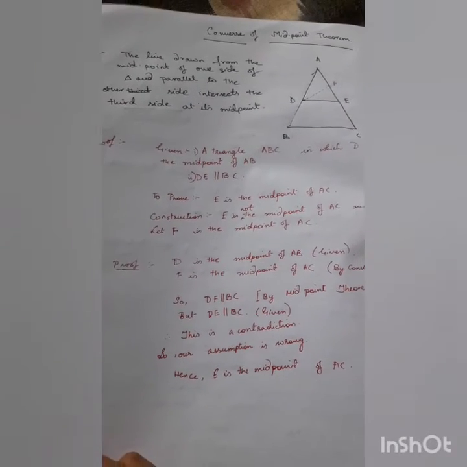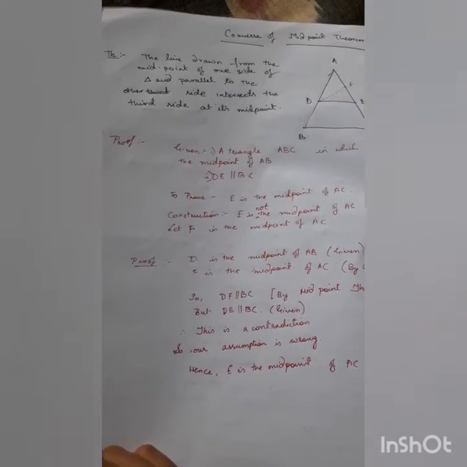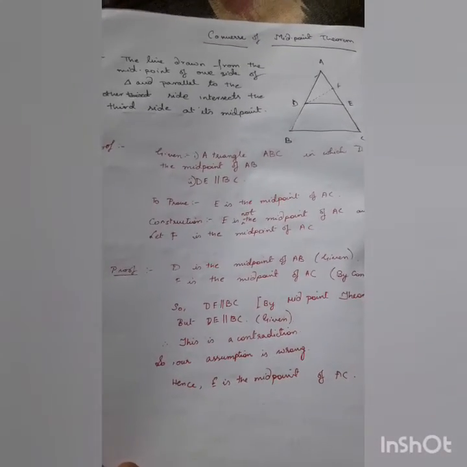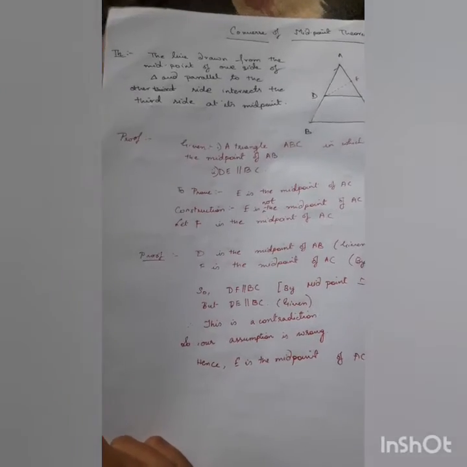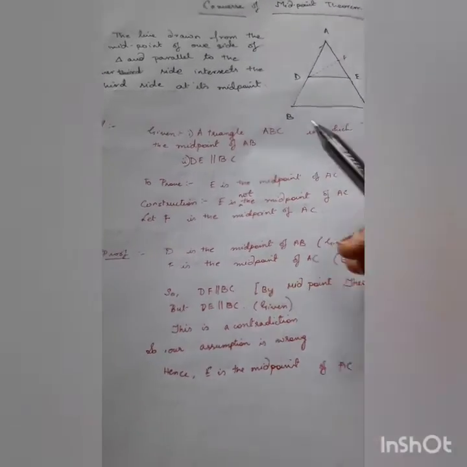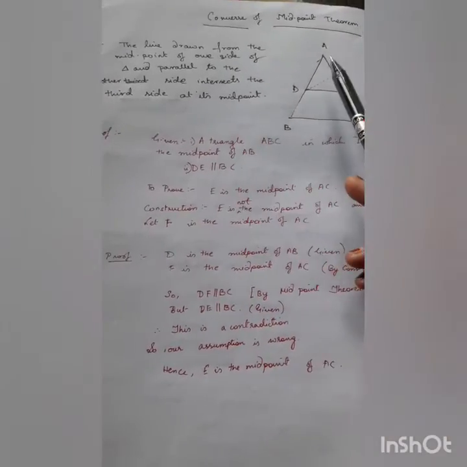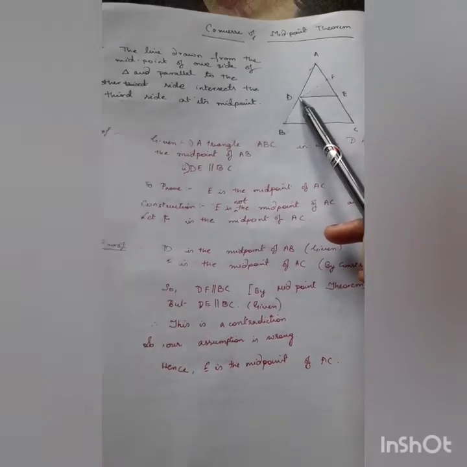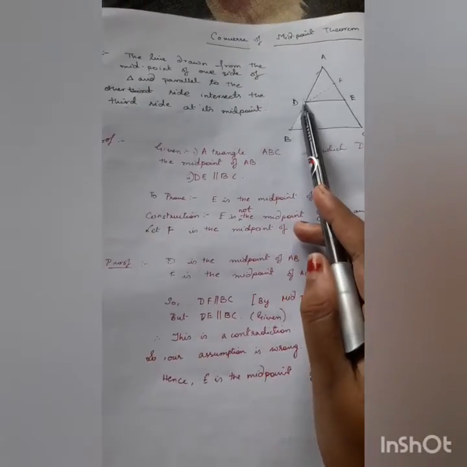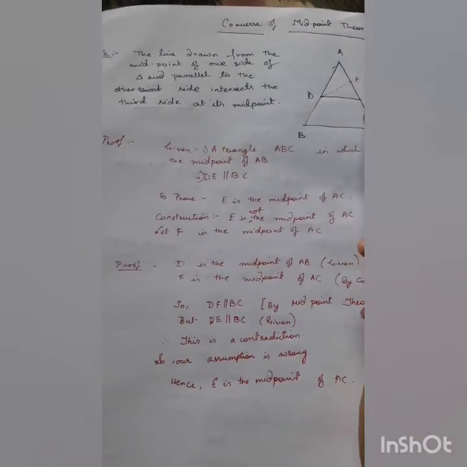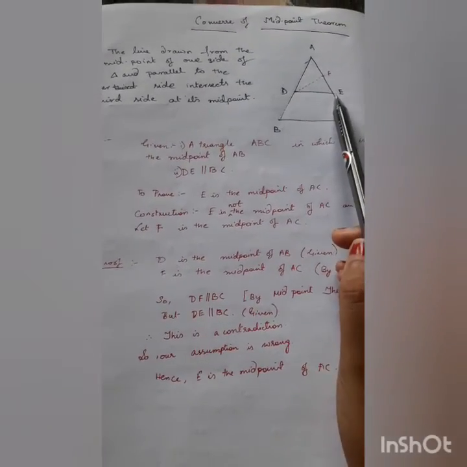Now let us come to the converse of midpoint theorem. This theorem states the opposite of the midpoint theorem that you have learned. This is the statement of the theorem. This is a triangle. The line drawn from the midpoint of one side of a triangle and parallel to another side intersects the third side at its midpoint.